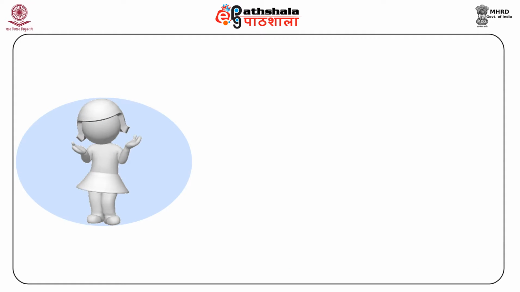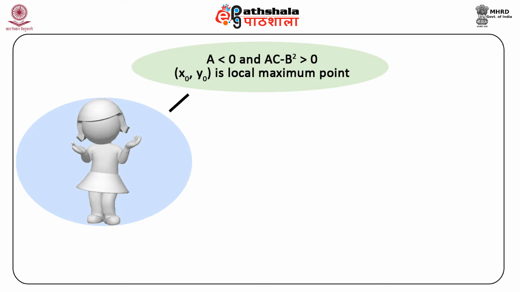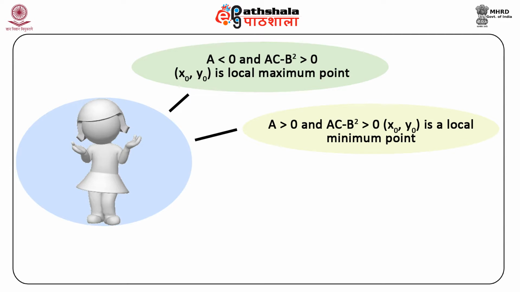Now, if A is less than 0 and AC minus B square is greater than 0, then x0, y0 is a local maximum point. If A is greater than 0 and AC minus B square is greater than 0, then x0, y0 is a local minimum point.